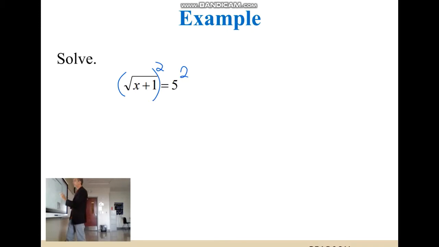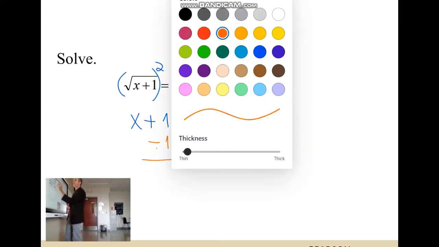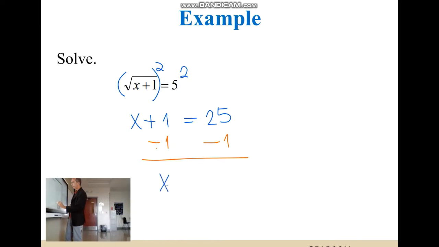The square root of x plus 1 squared is x plus 1, and 5 squared is 25. Now we can just apply the addition property and find the result. You subtract 1 on both sides of this equation, and then you have x equals 24.